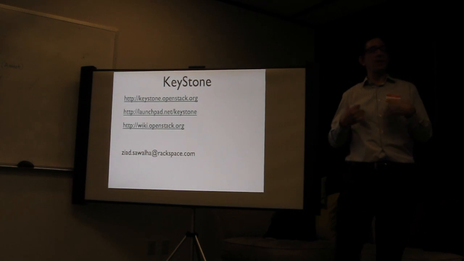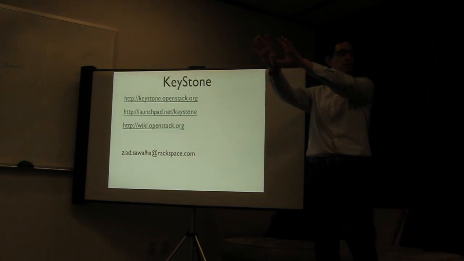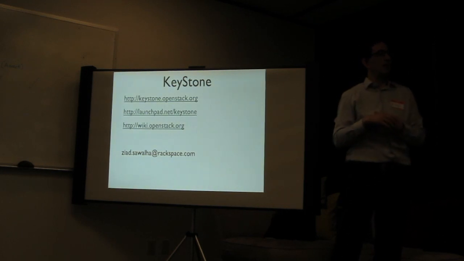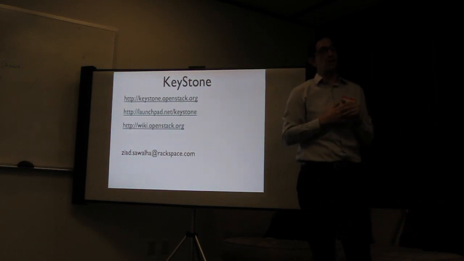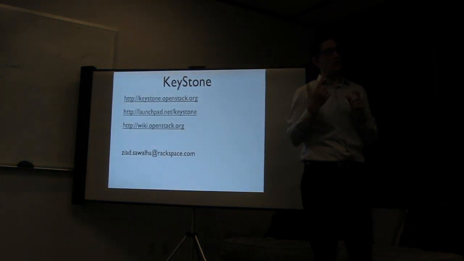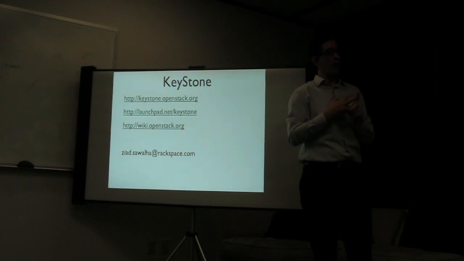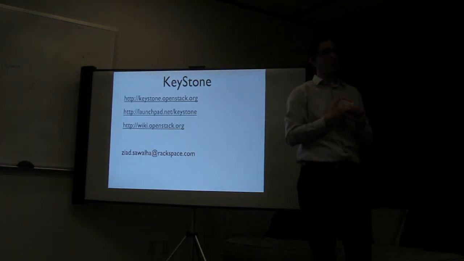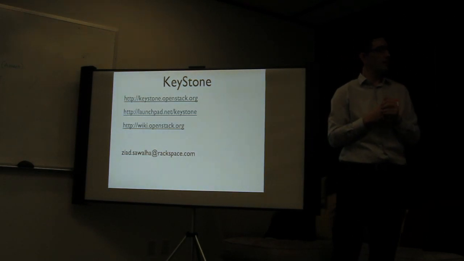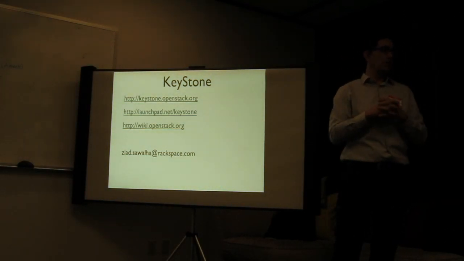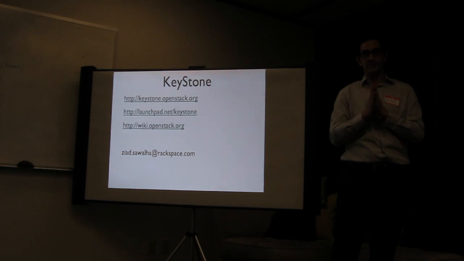So how does my usage in a burst get back into my account? Those are the three areas we're talking about which need to be addressed. Keystone tackles one of them, which is going to be identity federation. Quantum, I think, is going to have to tackle the network federation, cloud pipe or something like that. And the accounting federation, I don't think has been touched yet. But we'd be happy to talk to anyone who wants to about it.